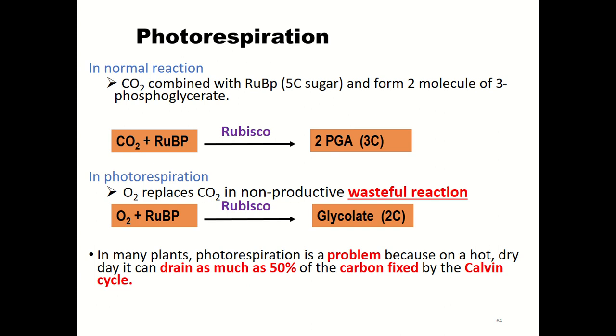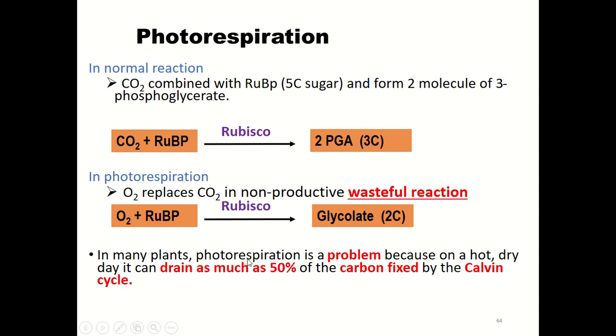It is the same thing. However, in photorespiration, which replaces the Calvin cycle, oxygen will replace the carbon dioxide in a non-productive, wasteful reaction in which Rubisco will accept oxygen and produce glycolate, the two-carbon compound. It is a very wasteful reaction.